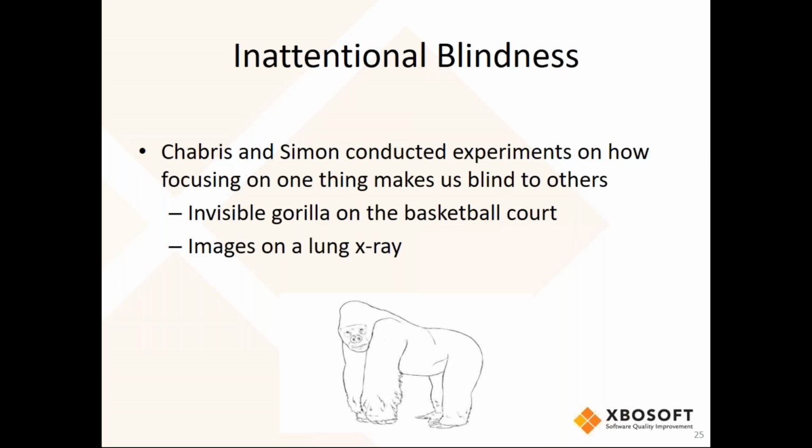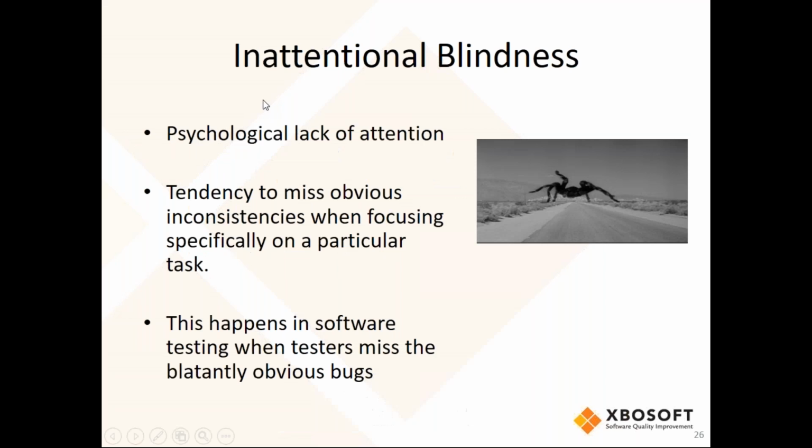You were concentrating on watching the ball and the players in the white shirts, but you didn't see the gorilla. And we do that. You think, oh no, we don't do it, but we do. This happens because it's a psychological lack of attention. We tend to miss the inconsistencies when we're focusing on a particular task.